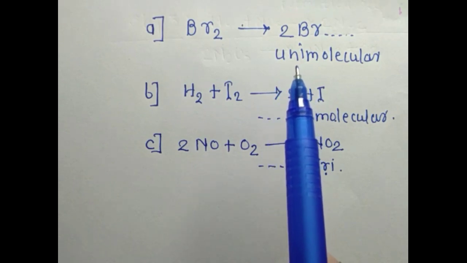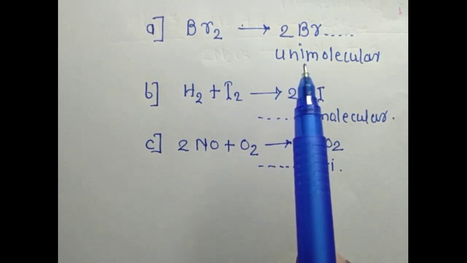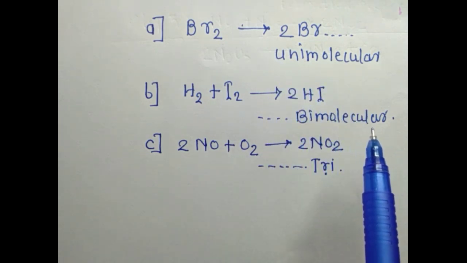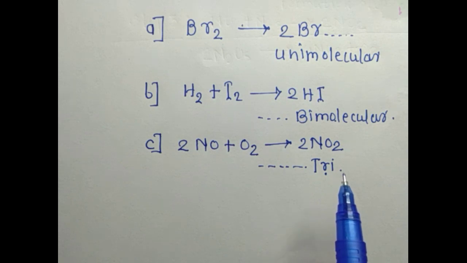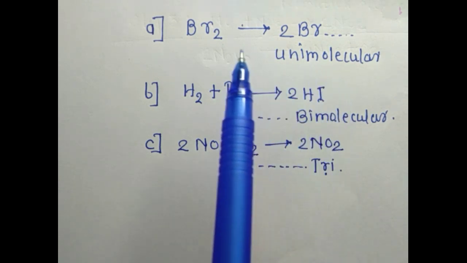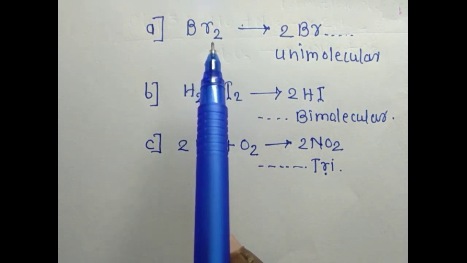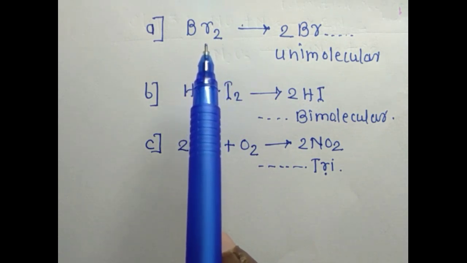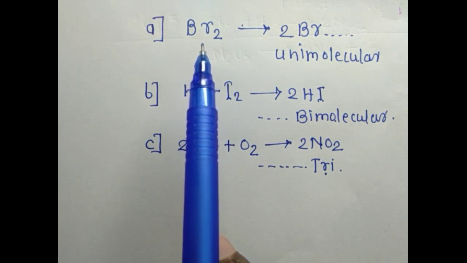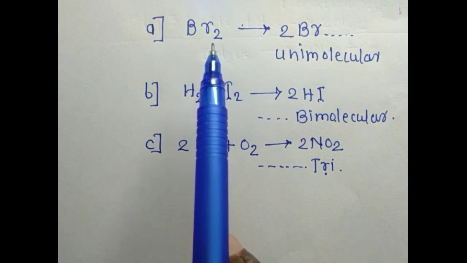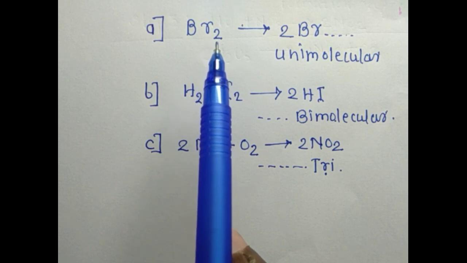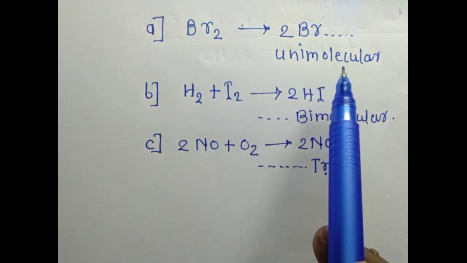The elementary reaction has subtypes. Number 1, unimolecular reaction, number 2, bimolecular reaction, and number 3, trimolecular reaction. In the unimolecular reaction, only one molecule of reactant takes part in the chemical reaction, meaning Br2 is only one reactant molecule here, that's why the reaction is unimolecular.